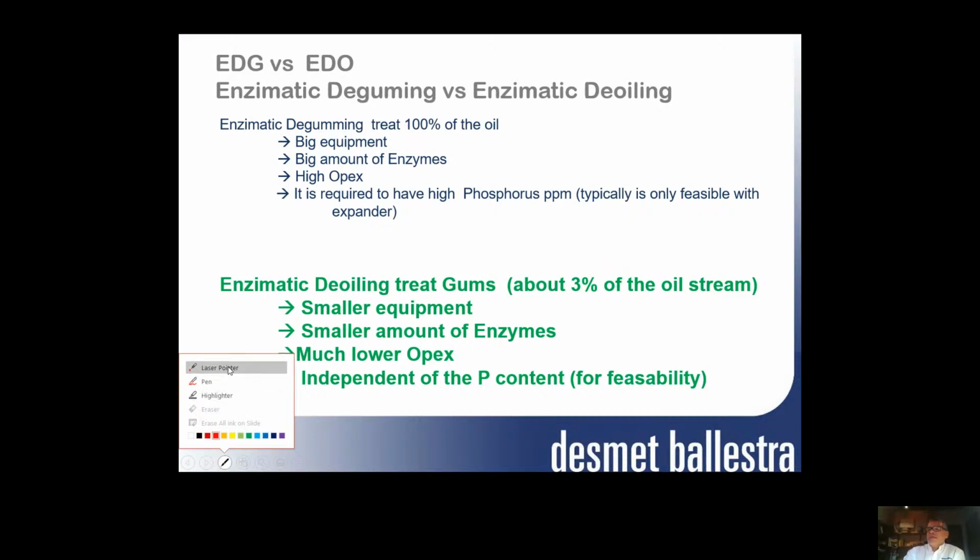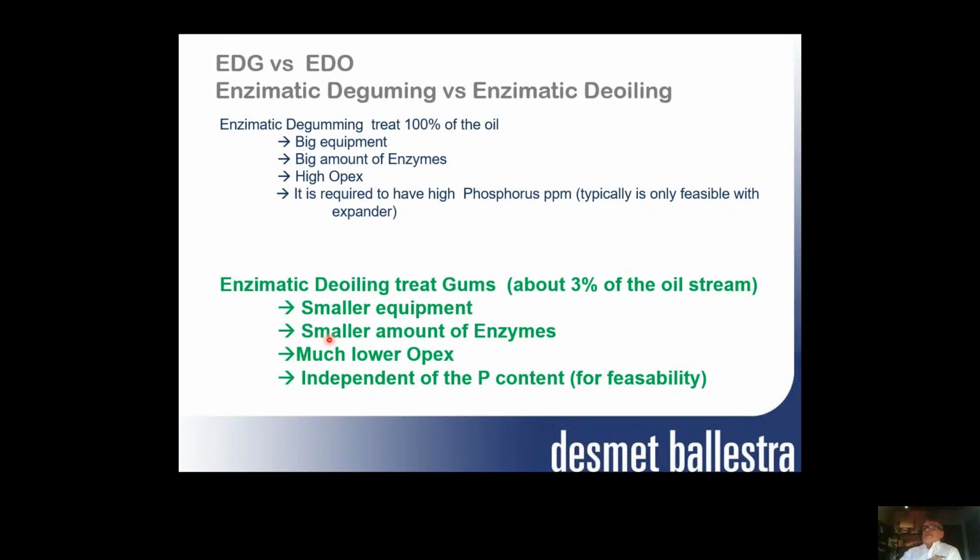We have in that case the treatment of only 3% of the oil stream, 3% instead of the 100% of the oil. So naturally, with a similar density, it is much smaller equipment, a smaller amount of enzyme, which is the most important, which leads us to a much lower OPEX.